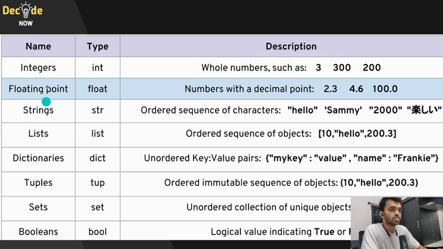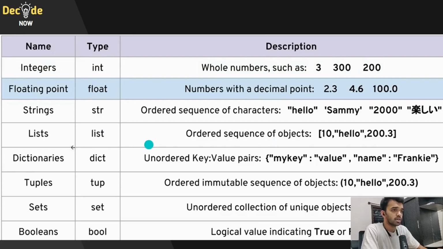The first three items which we looked at, integers, floating point values, and strings, are basically data types, whereas the next things we'll be seeing are called data structures. Data structures are a bit specialized when compared to data types. In data types, we can store only single values, whereas in data structures, we'll be storing a collection of individual objects.